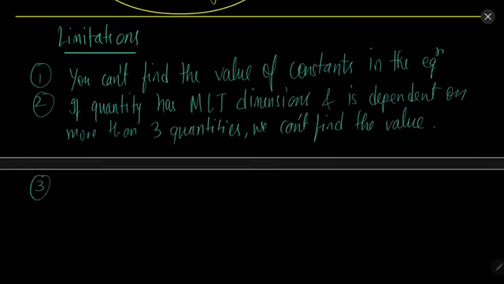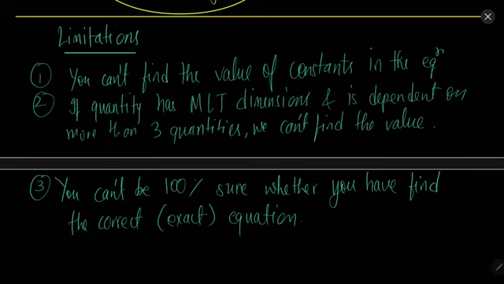Now the third limitation is that if the two sides of the equation have the same dimension, even after that you cannot be 100% sure that the equation is correct. So you can't be 100% sure whether you found the correct or the exact equation. Why? Because there are many quantities having similar dimensions.